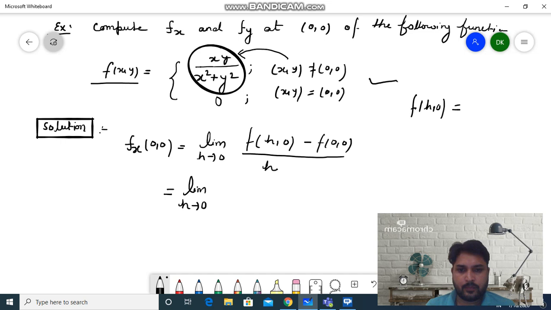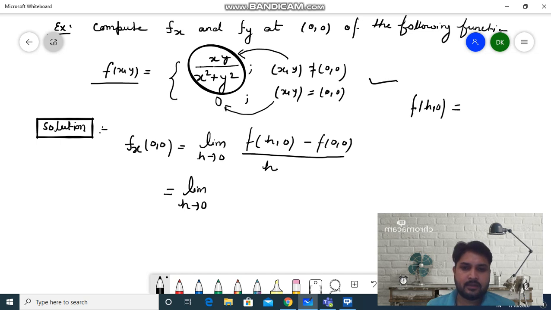But when both x and y are equal to 0, then f(x, y) is equal to 0. So here h is not equal to 0. H is a very small quantity which tends to 0.